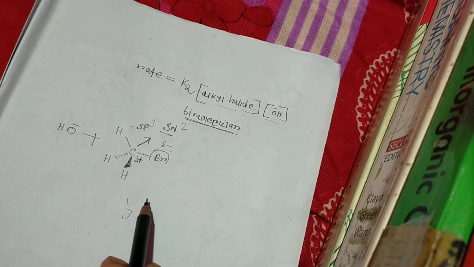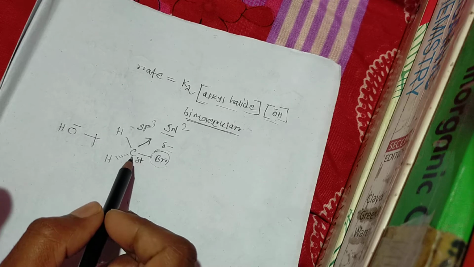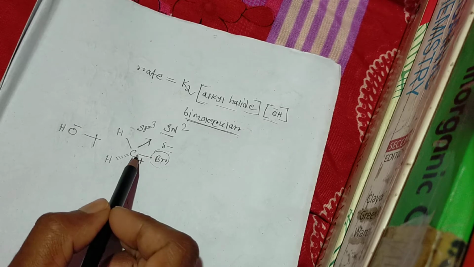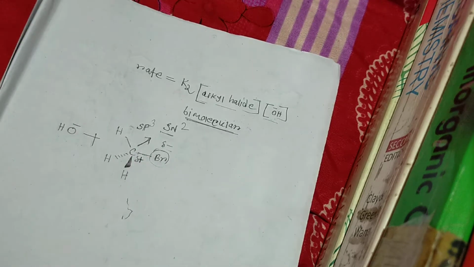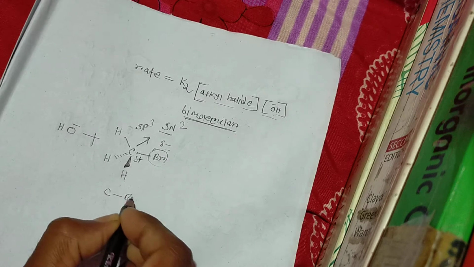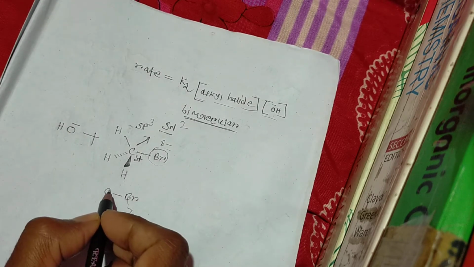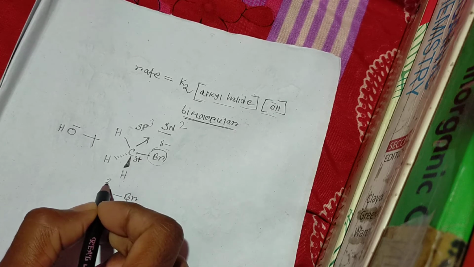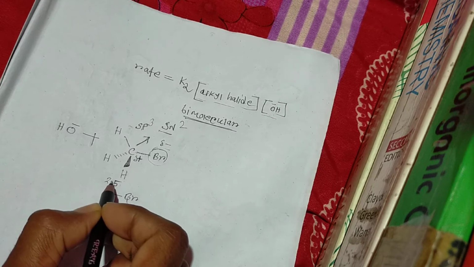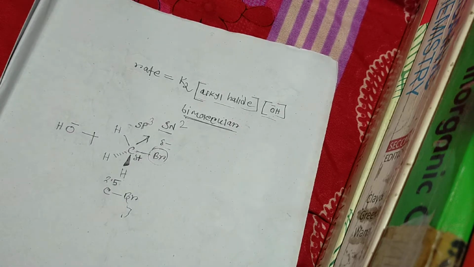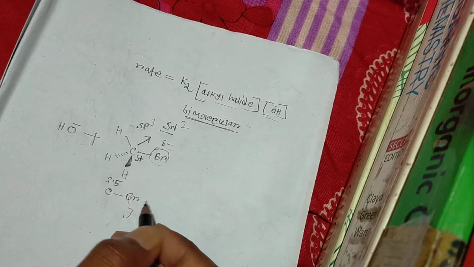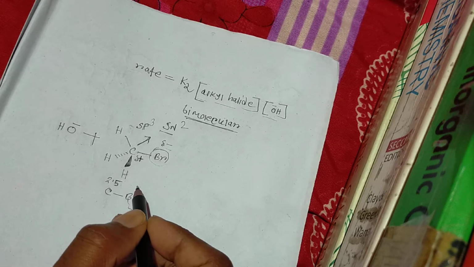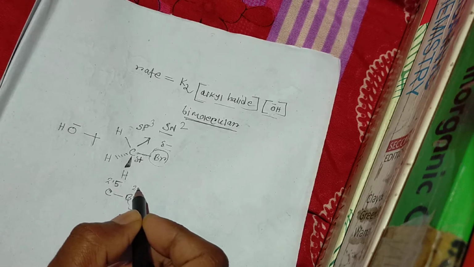The electronegativity difference of this C-Br bond is greater than that of the C-H bond. Carbon has electronegativity 2.5 and bromine has electronegativity 2.8.